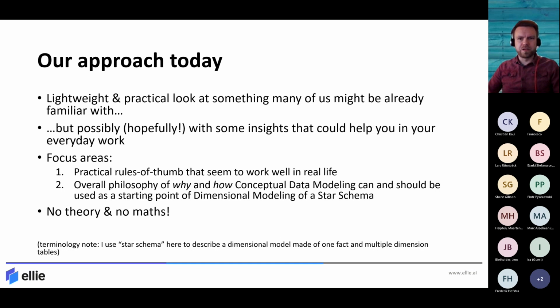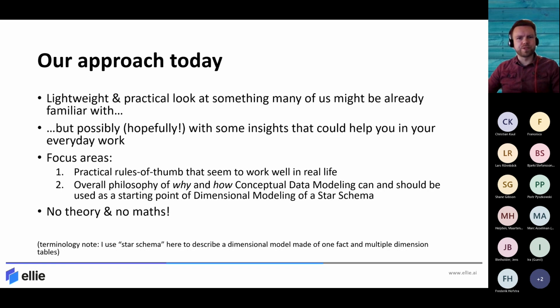A couple of notes on terminology. I will be talking about dimensional models and star schemas here. By those, I mean a model which has a fact in the center and then any number of dimensions around it. I will most likely be somewhat imprecise with my terminology during this show, but don't worry about that.